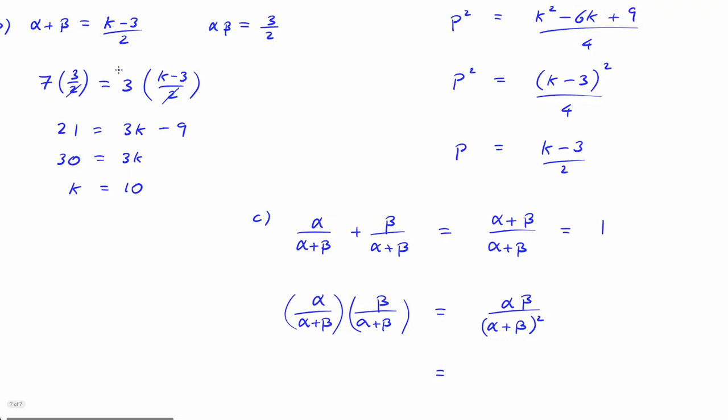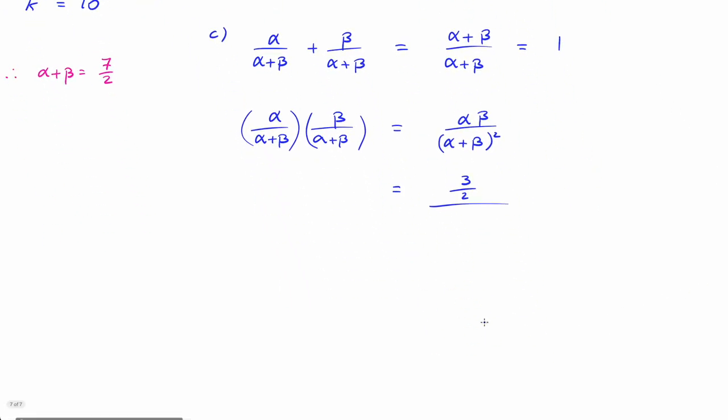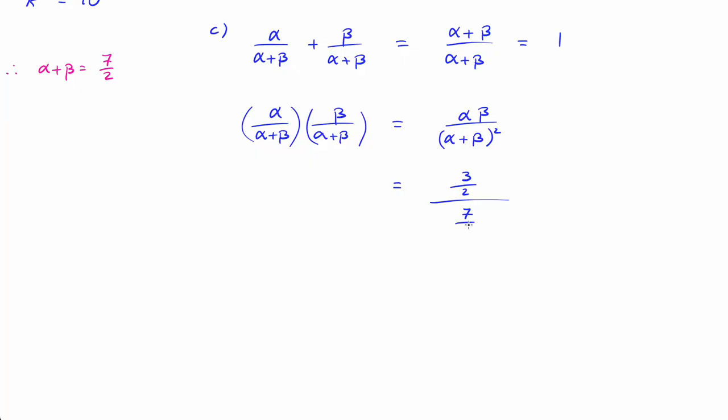And I have alpha plus beta, so that's 3 over 2 over alpha plus beta. Therefore, alpha plus beta equals 10 minus 3 over 2, which is 7 over 2. So this is over 7 over 2 squared.